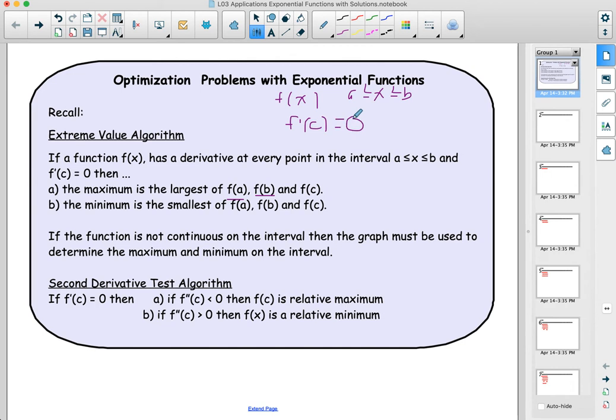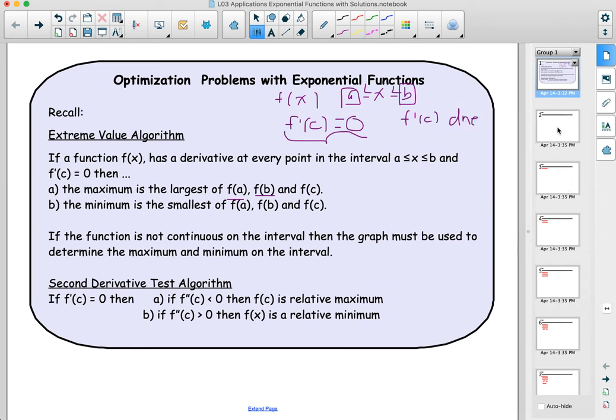So the absolute max or the absolute min occur either at the local extrema or at the endpoints of the domain. And I did mention in the previous lesson that in university you will also be worried about where the first derivative does not exist.